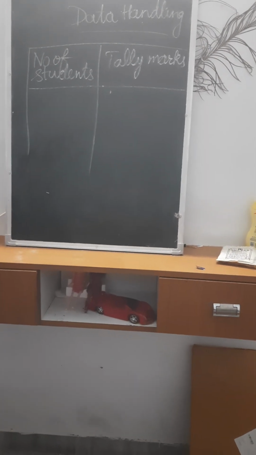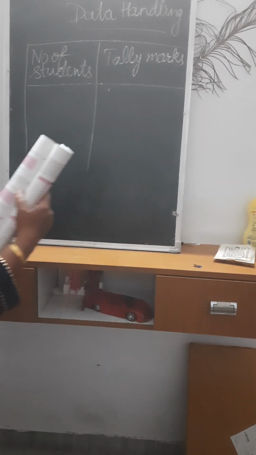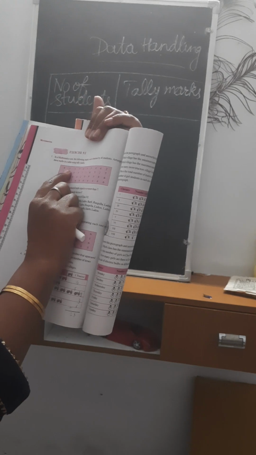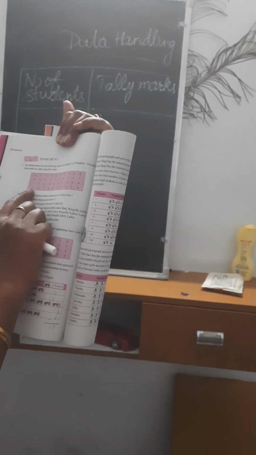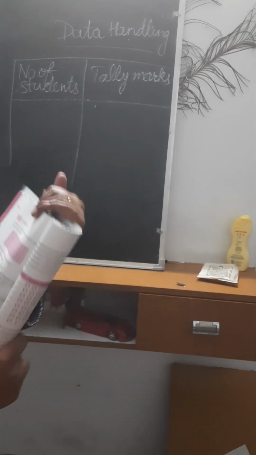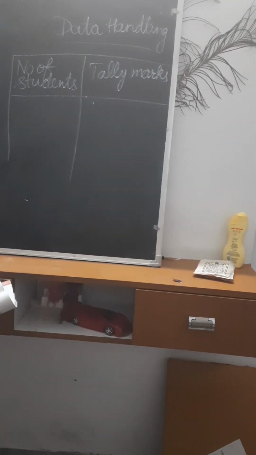Now first of all, 1 mark. We have to see how many times the 1 mark is repeated over here. Now if you see 1, 2, then, so 1 is repeated how many times? 2 times.